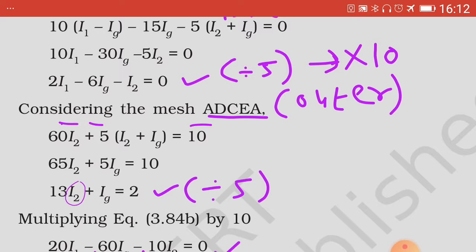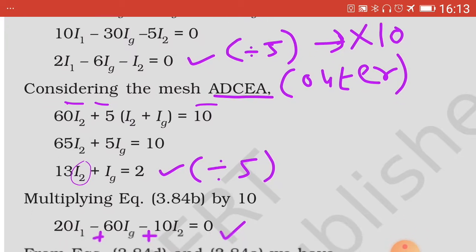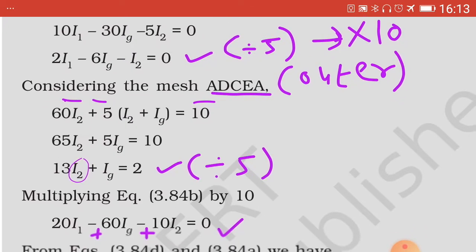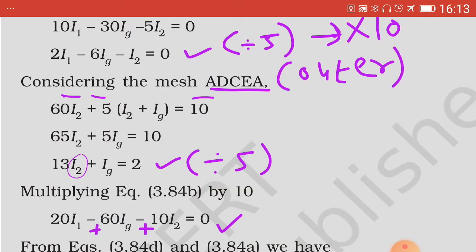Now multiply the above equation, that is 2 I1 minus 6 Ig minus I2, the upper equation which has been written as divided by 5, multiply that equation by 10. Here I already wrote multiply by 10. So we get 20 I1 minus 60 Ig minus 10 I2 equal to 0.